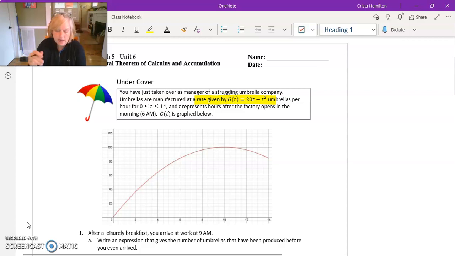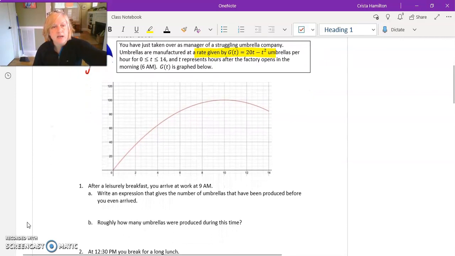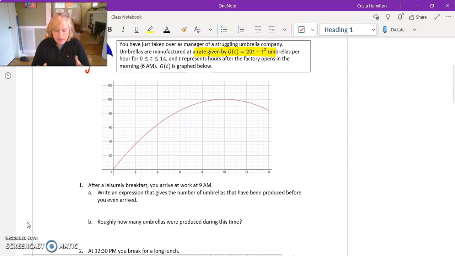Now, when we look at this problem, the first question is this: after we have a leisurely breakfast, we're going to arrive at work at 9 a.m., and we want to write an expression that gives the number of umbrellas that have been produced before we arrive.